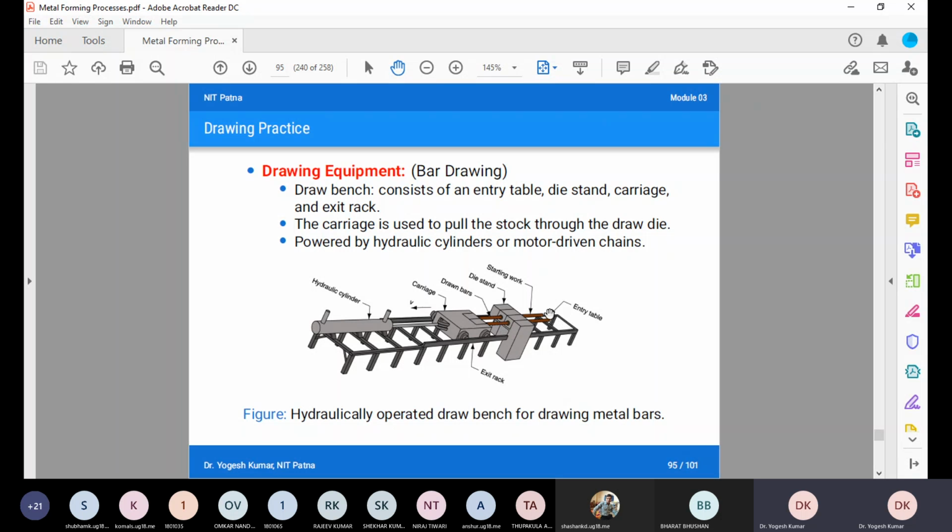This is your starting work, and this is the exit of your drawn wire. This way bar drawing is done.